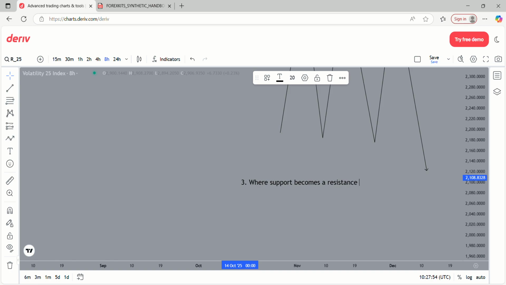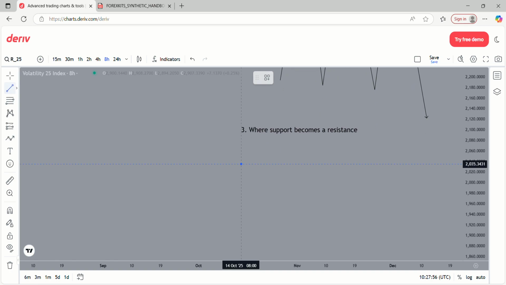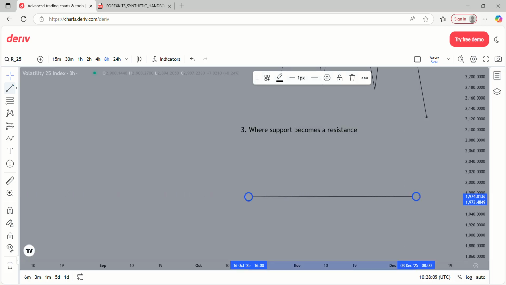So let me draw my support line. This is what we call a support. This support can also become a resistance, that's just what I'm trying to say. I'll use my path tool to draw it. This is what we call support.